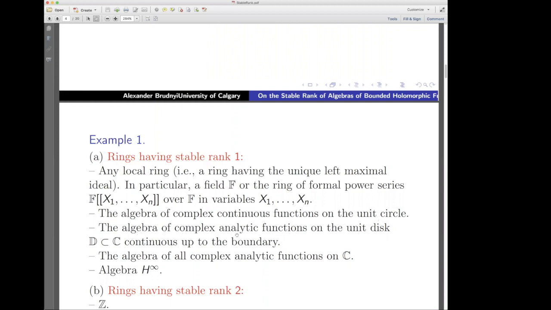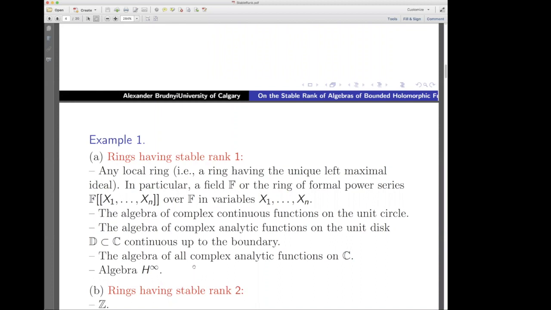The algebra of complex analytic functions on the unit disk continuous up to the boundary, the so-called disk algebra, has stable rank 1 as well. The algebra of all complex analytic functions on the plane has stable rank 1. The algebra which is of primary interest for me, the algebra H infinity of bounded holomorphic functions on the open unit disk, also has stable rank 1.